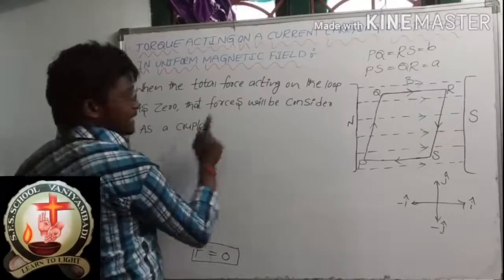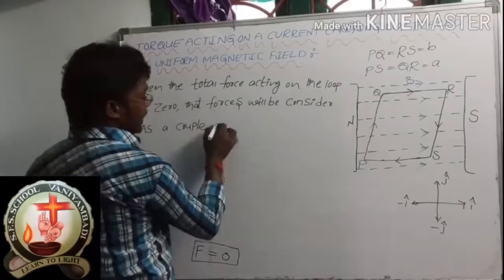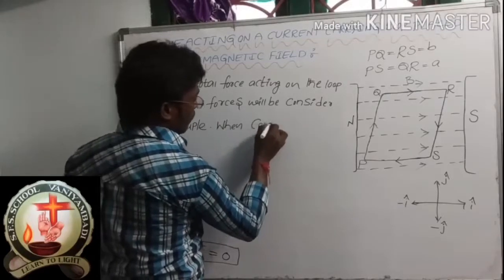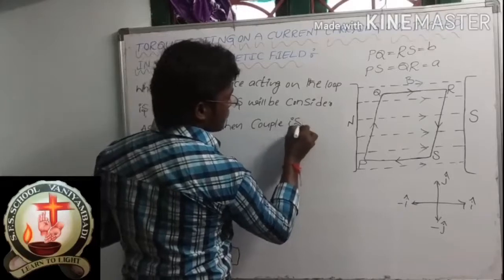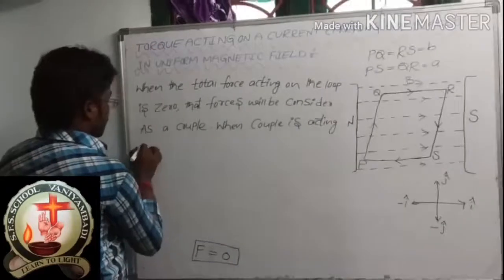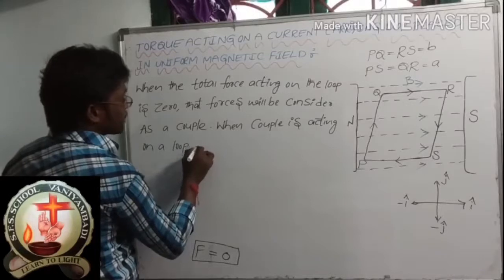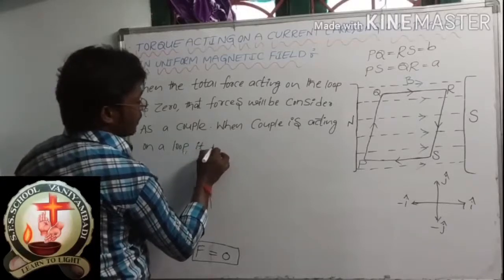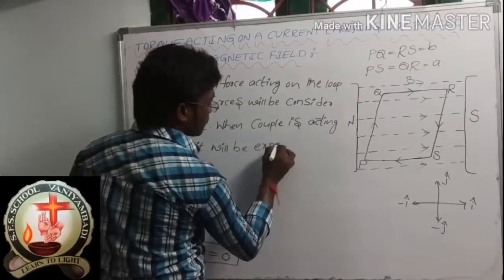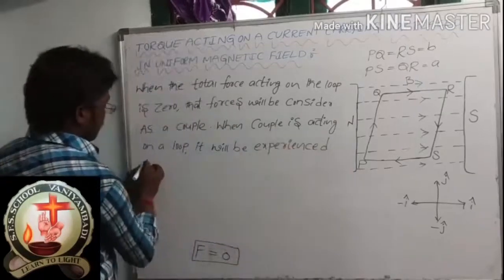When a couple is acting on a loop, it will experience a torque.